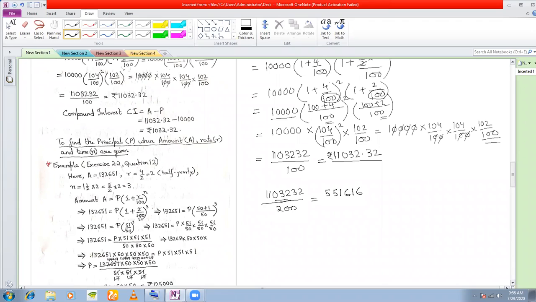I divide this number by 2 first because I have a 2 here, and then this should be divided by 100. So now I get 5, 5, 1, 6, two decimal places shifted here because of this 100. Is this clear, this calculation?